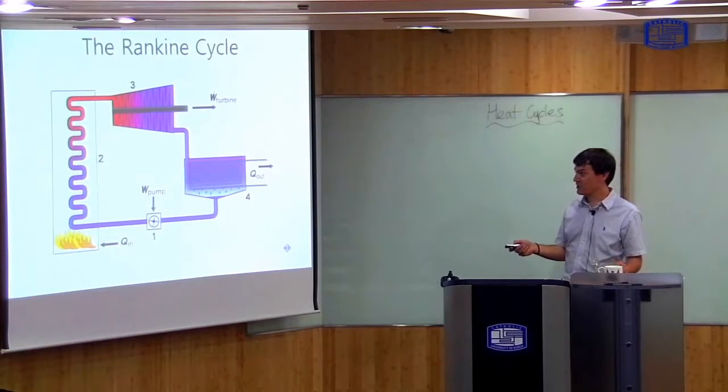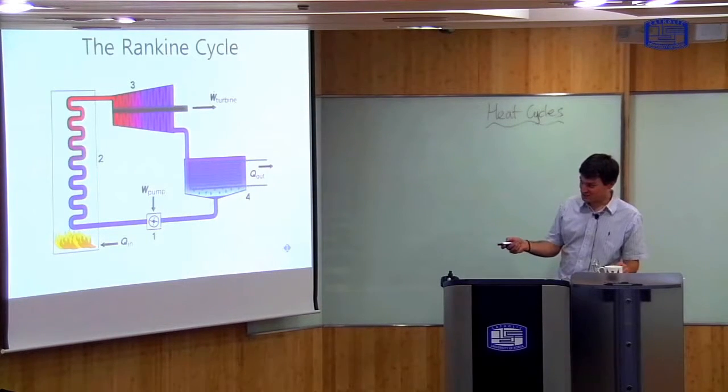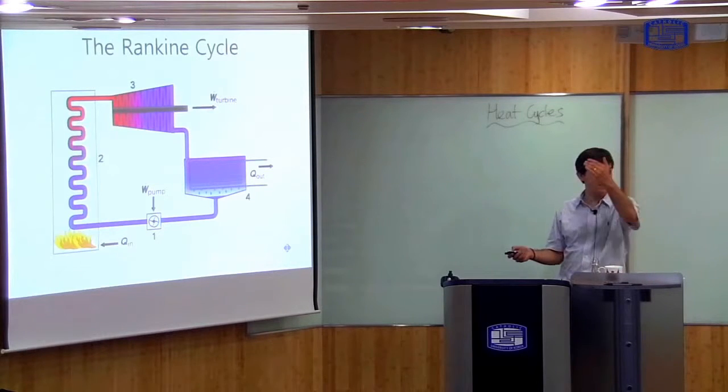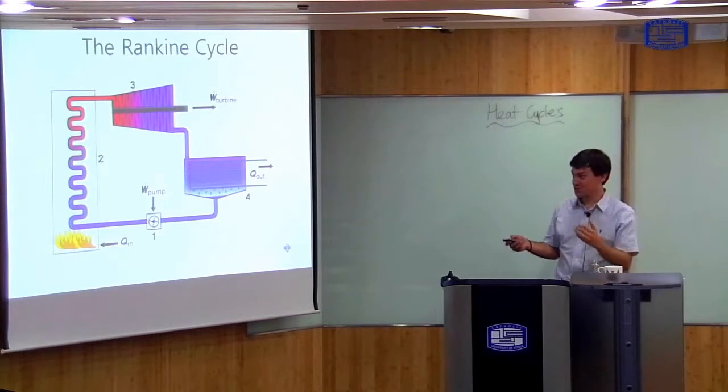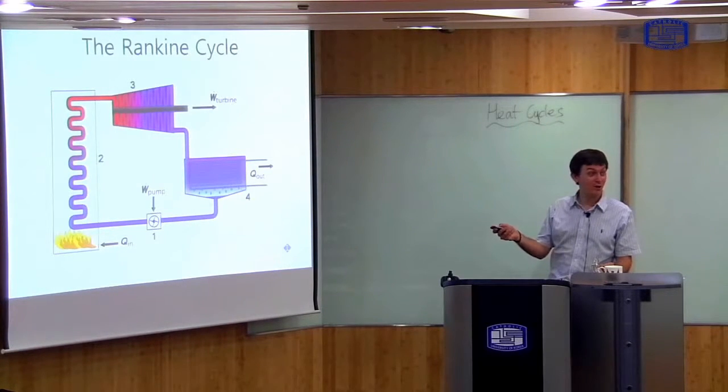So you start off here with cold liquid water. It's pumped up to high pressure. So the pump increases the pressure of the water. So here you've got high pressure water. It then goes into the boiler, denoted by this fire here. That increases the temperature of the water, turns it into steam. So up here you've got very high temperature steam by the time you get to the top.